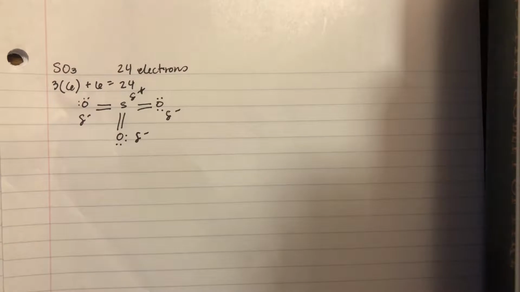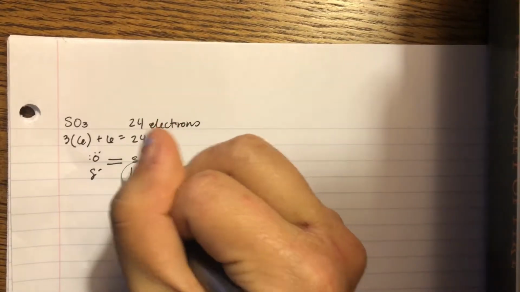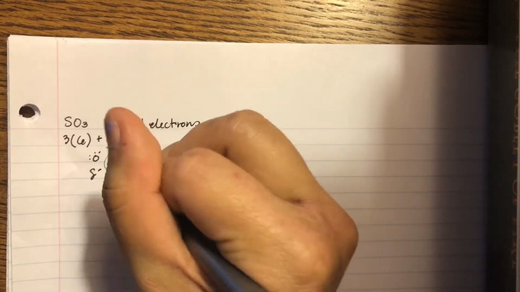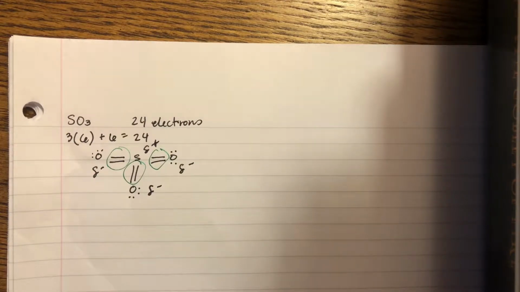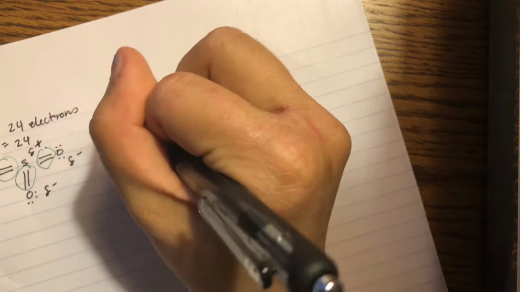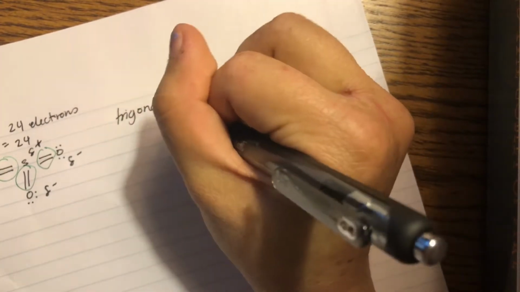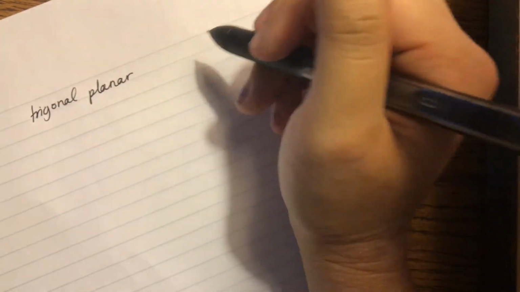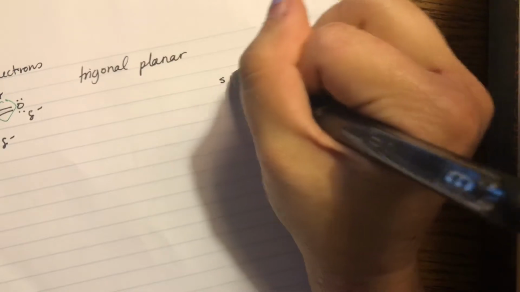And so here we're going to determine that we have three domains, 1, 2, 3. And 3 domains makes it trigonal planar. And then we have to draw out the molecular geometry.